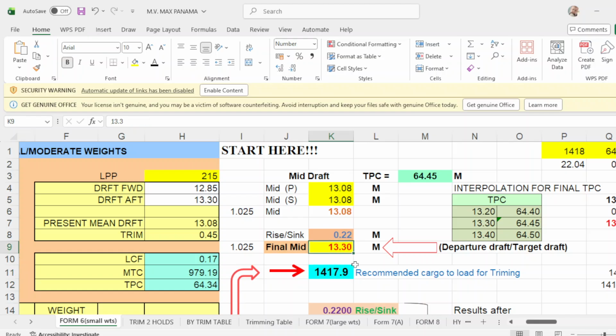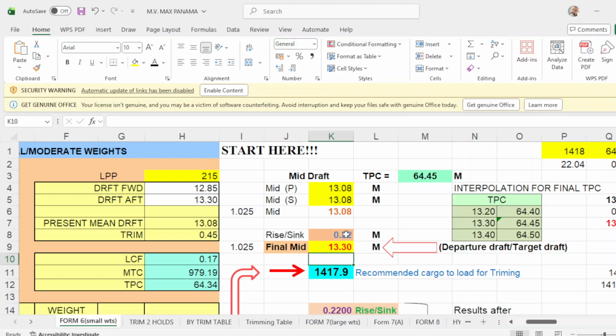So they both agree on this one, and our sailing draft is 13.30. Okay, you can put 13.30 here. This is our sailing draft, which means your sinkage is 22 centimeters. It will take 22 centimeters from your mid draft to reach this departure draft of 13.30.